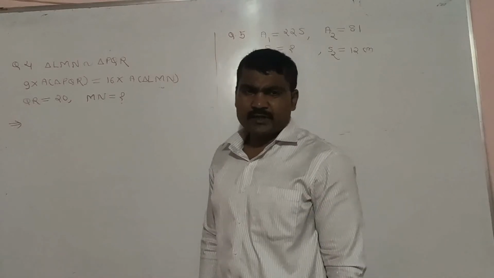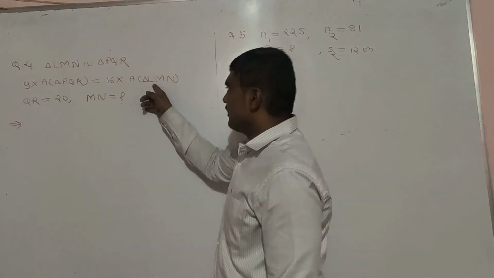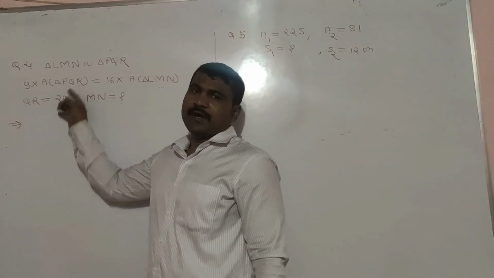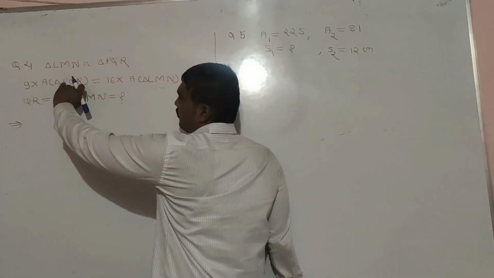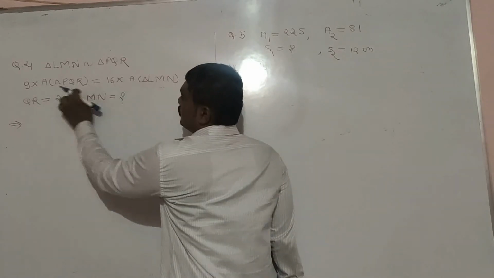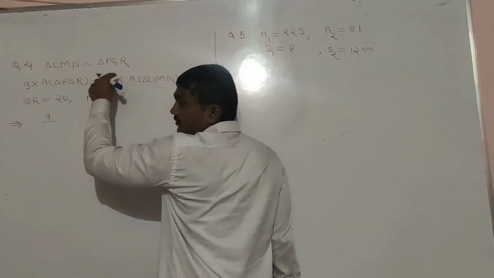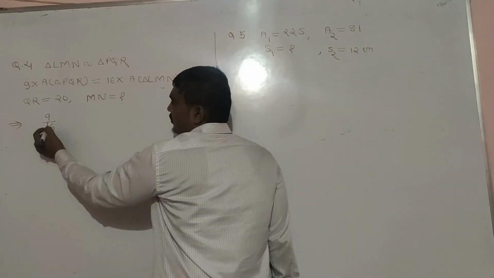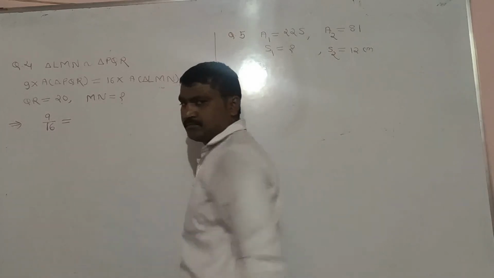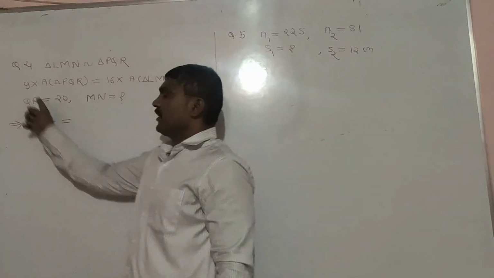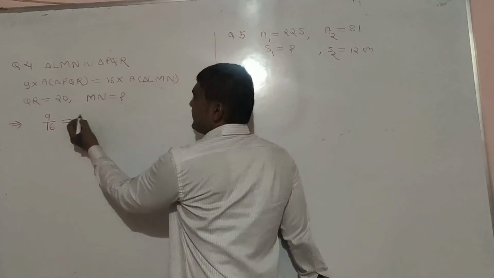The ratio of areas is given. Yes, AMN is multiplied, you can write it as divide. Similarly PQR is multiplied, it becomes divide. So by using this step, write 9 as it is. 16 is multiplied, becomes divide here. So 9 upon 16, 16 is taken under this. Write RHS as it is.